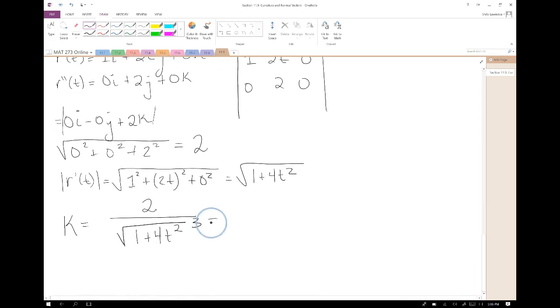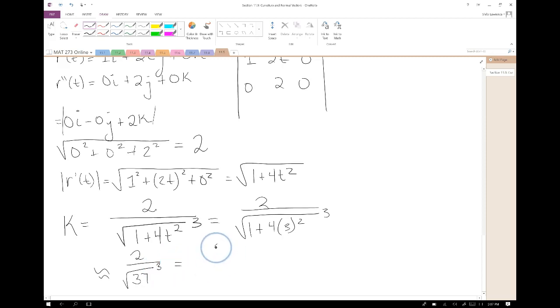So now that we have this basic formula, we can plug 3 in for t and get an answer for specifically what's happening at t equals 3 on this curve. In the denominator, we end up with the square root of 37.